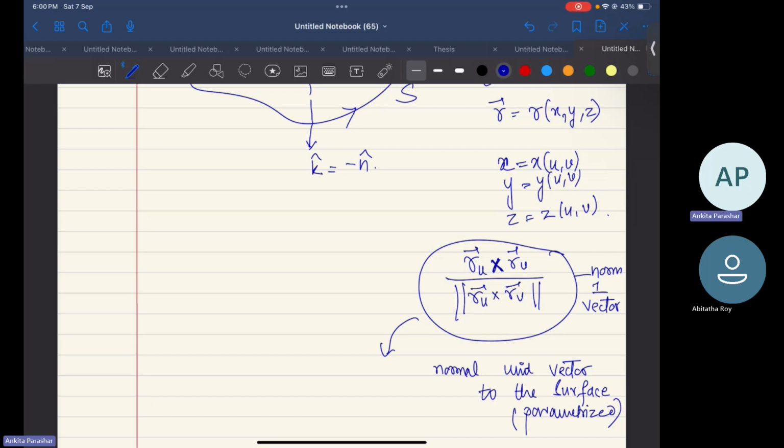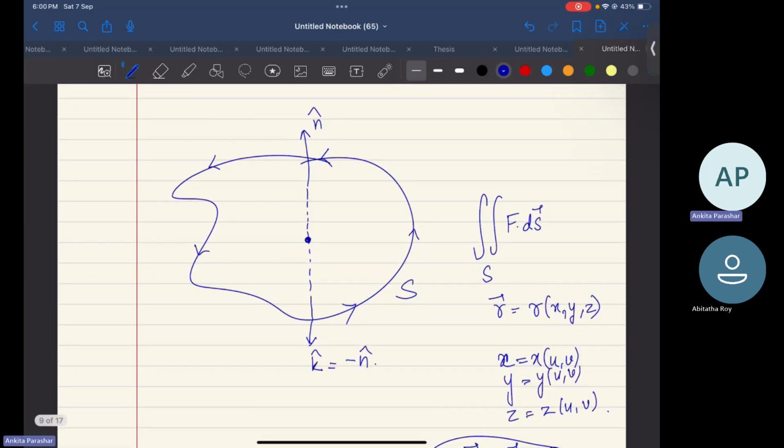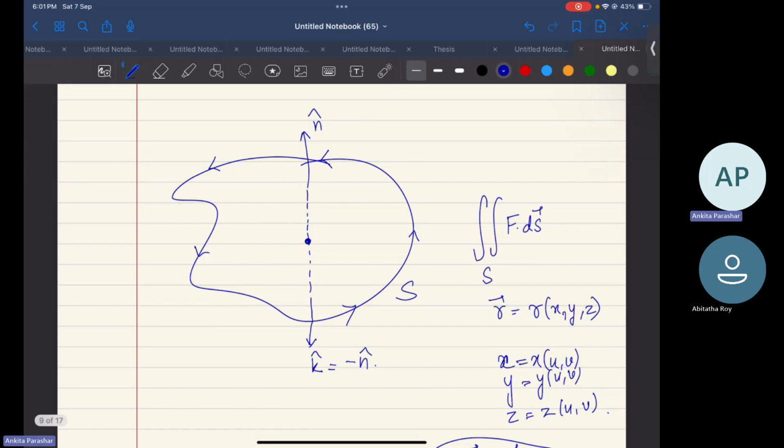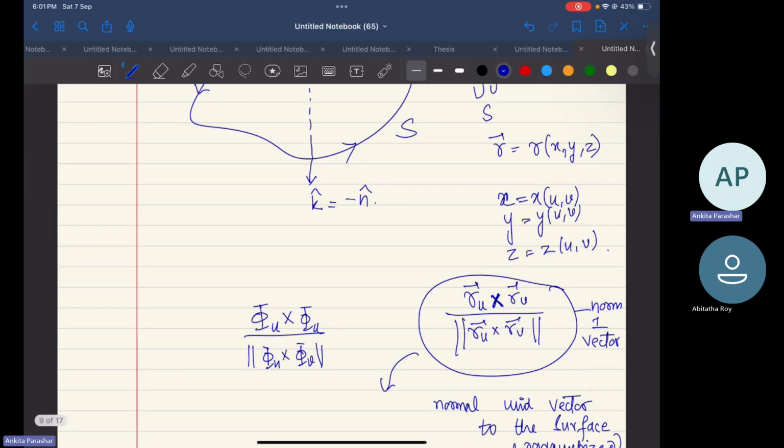I think these notations, are you following? I think he was writing phi_u, I guess. Yeah, phi_u cross phi_v, and then the norm of phi_u cross phi_v. Okay, so whenever you want to give a certain direction, it is all about choosing the normal vector, because of which way you are moving. If you remember correctly, I'll just tell you one more thing.